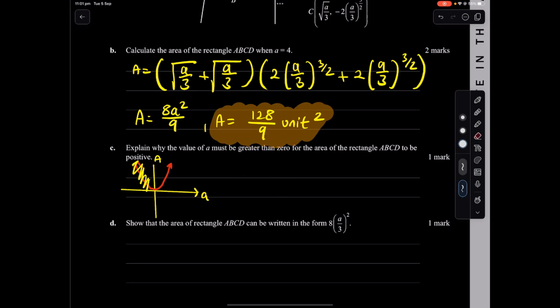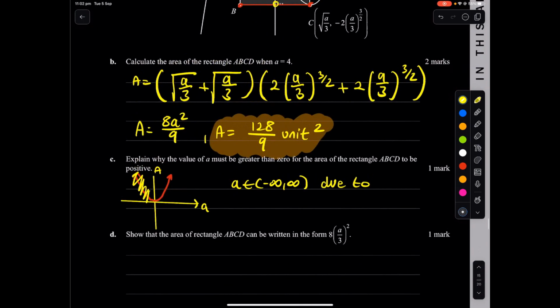Drawing this, we can see that a goes from negative infinity to infinity, due to a must be greater or equal to 0, from square root a on 3.